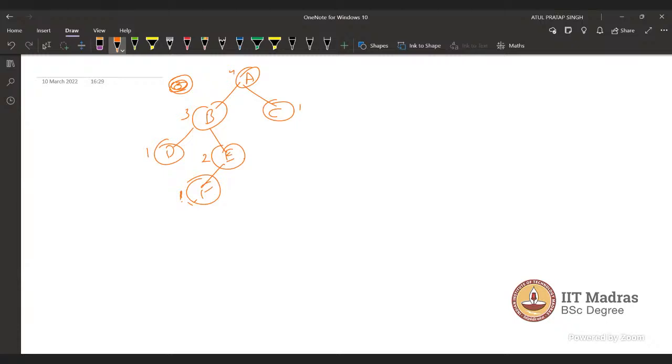Okay, so for F there is no child, so the left height of this node is 0 and the right height of this node is 0. So 0 minus 0. So for this slope value, we take the left height minus the right height.